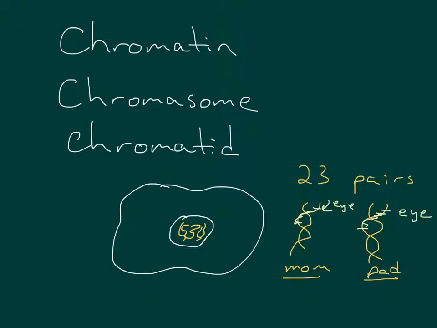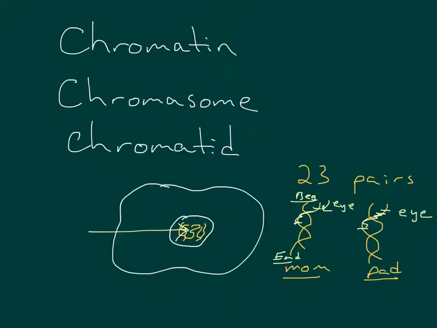But while they're in the nucleus doing their job, they're unwound, and so we call it chromatin. All this DNA, all these 23 pairs, you can't distinguish one from the other. They're molecules. They have a beginning, and we'll talk about that in the next unit after we're done with meiosis, and they have an end.